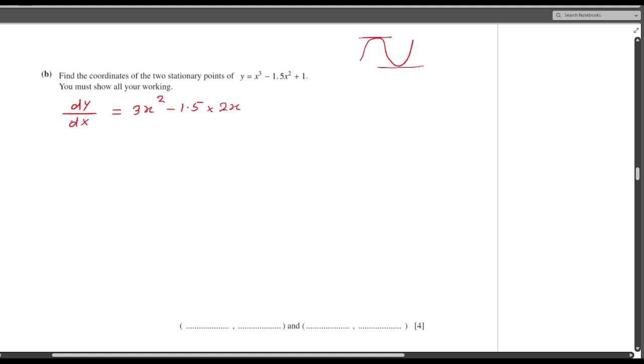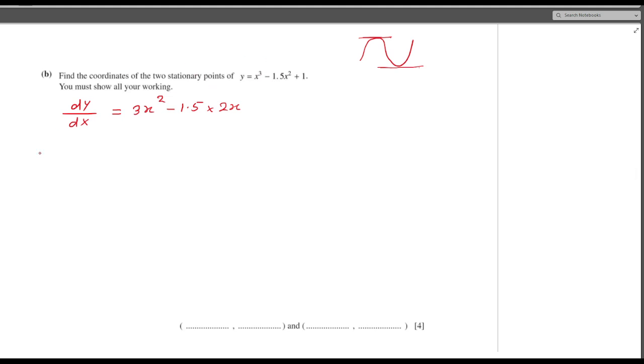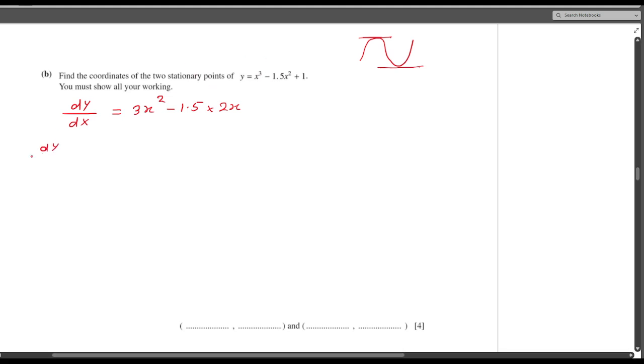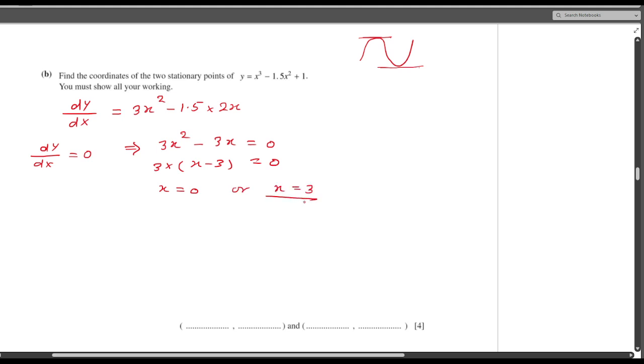Now for a stationary point we know that dy by dx is equal to 0. This implies that 3x square minus 3x is equal to 0. You can take 3x common, so it is x minus 3 equal to 0. So this gives you x is 0, or x is equal to 3.